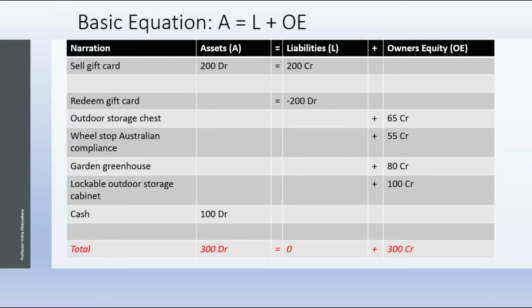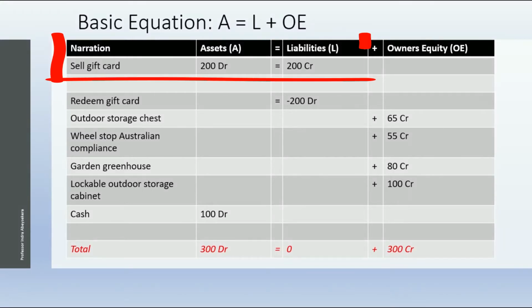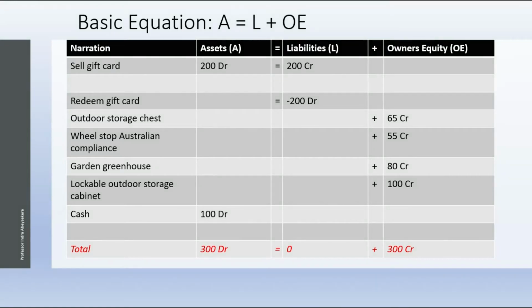There are two sets of transactions. The first transaction is selling the gift card. When the gift card was sold to Philip, the store received cash of $200, and there's unearned earnings, which is a liability of $200. Then Mandy came to the store after Philip had passed on the gift card to Mandy.